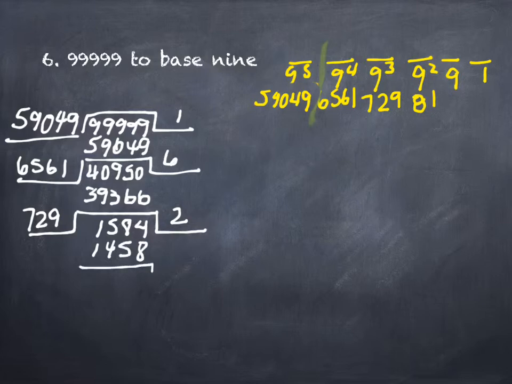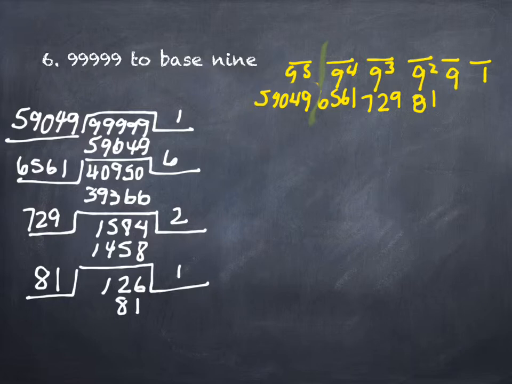And then what is 1,584 minus 1,458? Okay. 126. What am I going to divide by next? 81. How many times will 81 go into 126? Once. I can do that multiplication in my head. That gives me a remainder of what?